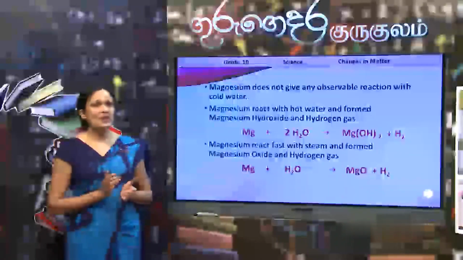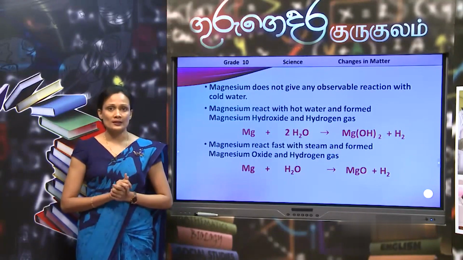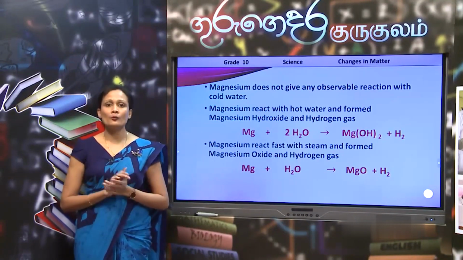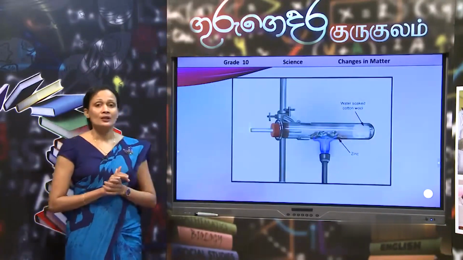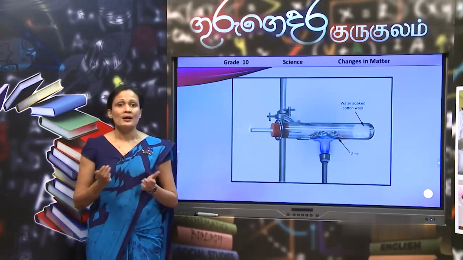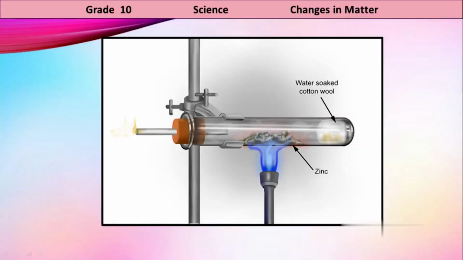If we consider zinc, it does not react with cold water and also not with hot water. But if we heat zinc with steam, at that time it reacts with the steam. Look at this picture. This picture explains how zinc is heated with steam.